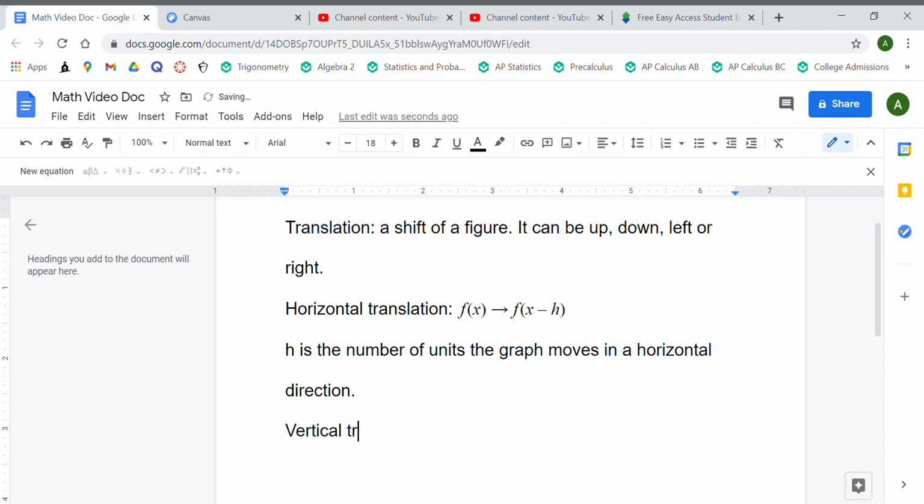Vertical translations are what make functions go up and down. So they look something like this. f of x turns into f of x plus k. And yes, we have an addition sign here. So a positive k value would mean units up, negative k value would mean units down.